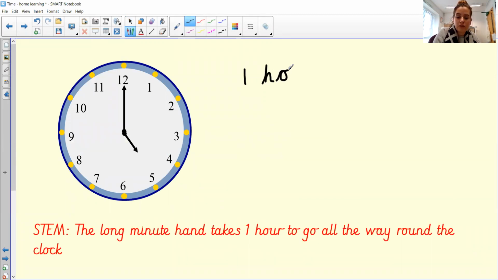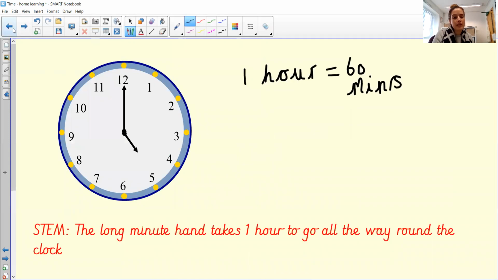This is where I do my dodgy mouse writing. 1 hour is the same as 60. I'm going to write mins for minutes, otherwise I'm going to be here all day. So 60 minutes, 60 mins.